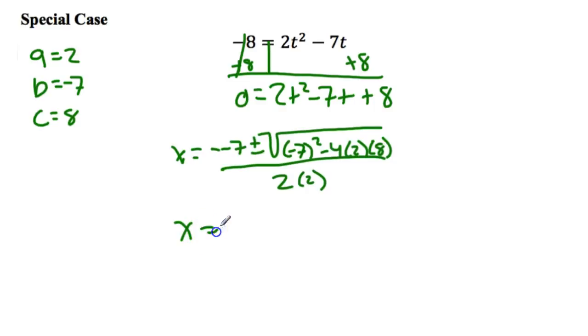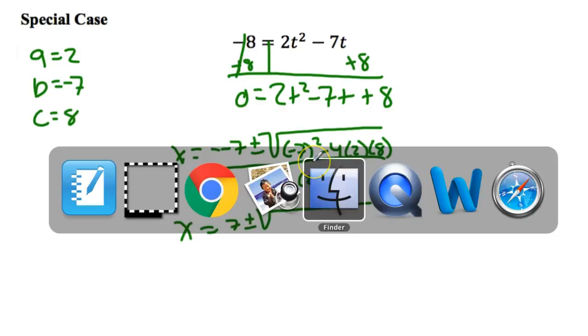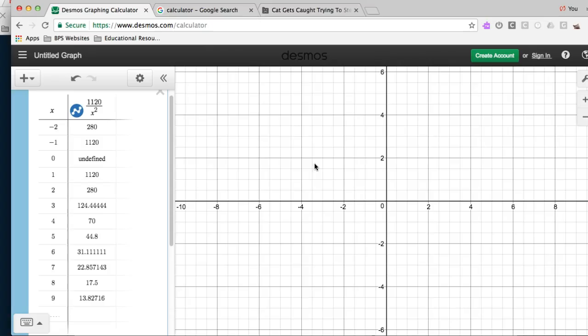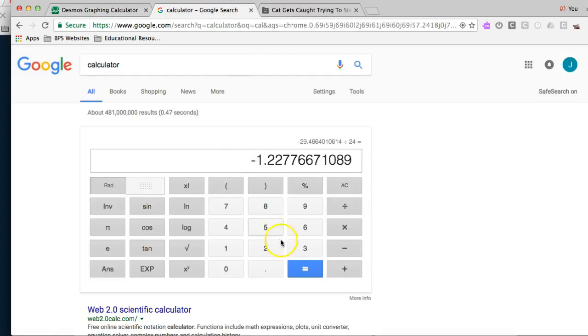All right, so this will be positive 7 plus or minus, what's inside this radical? Negative 7 squared minus 4 times 2 times 8. Oh, that's not right.